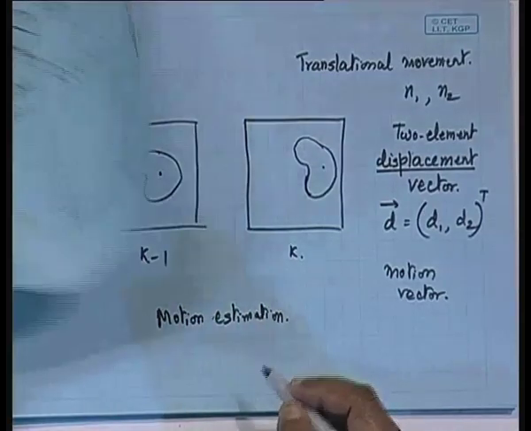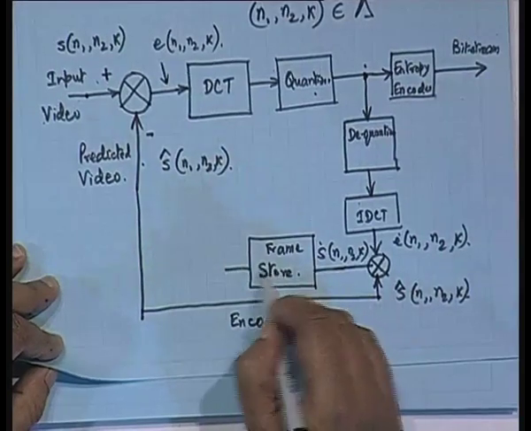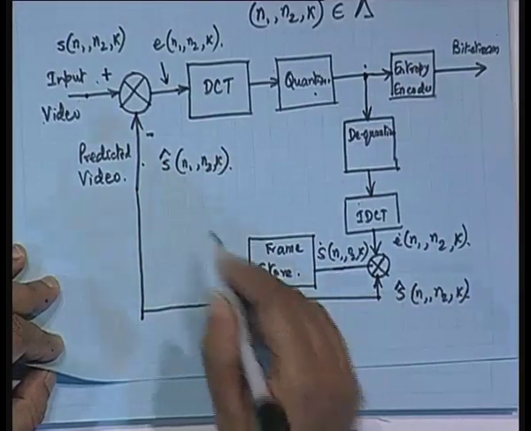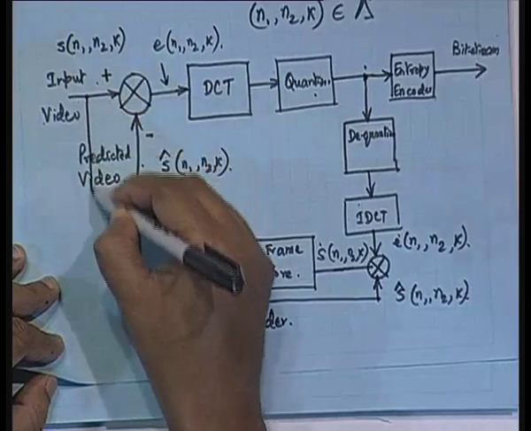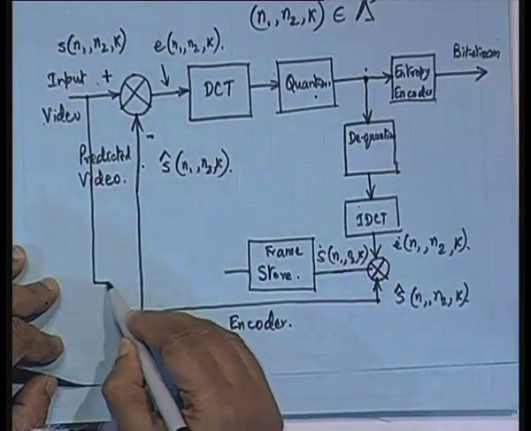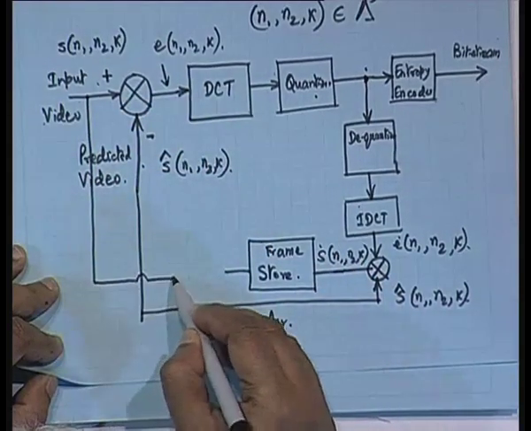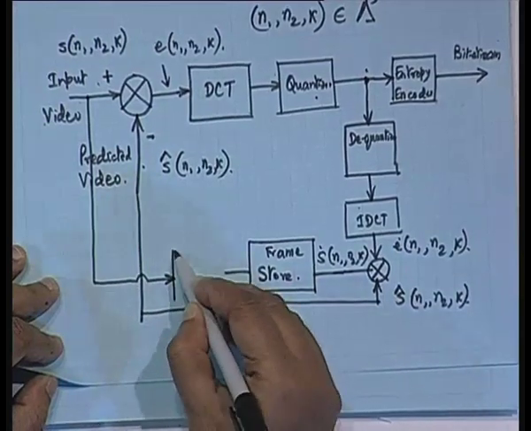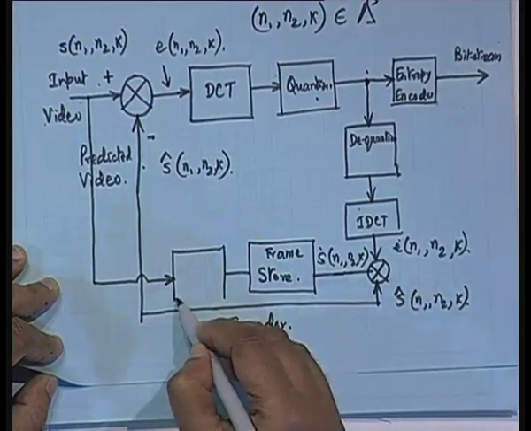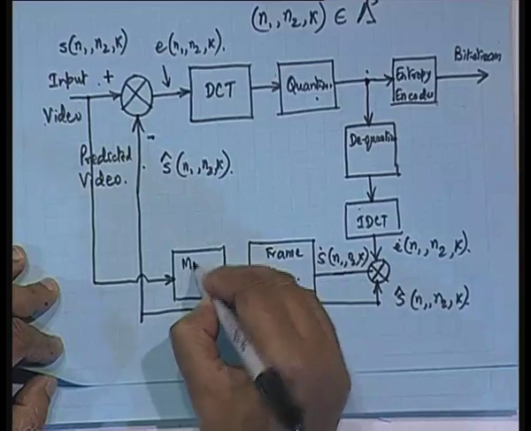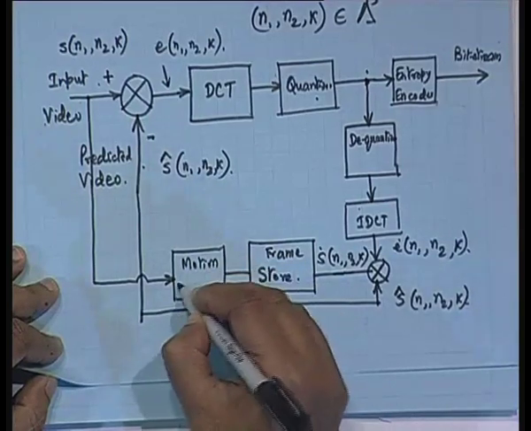So the frame store output has to be compared with the input video, and we are going to call that block the motion estimator.